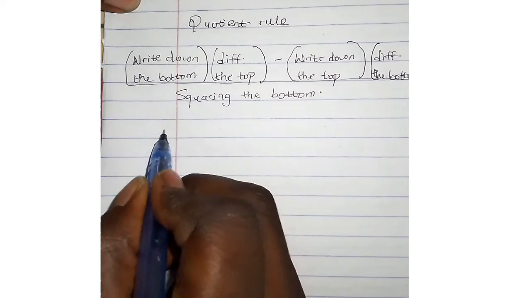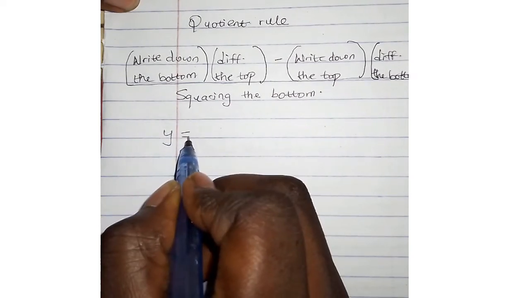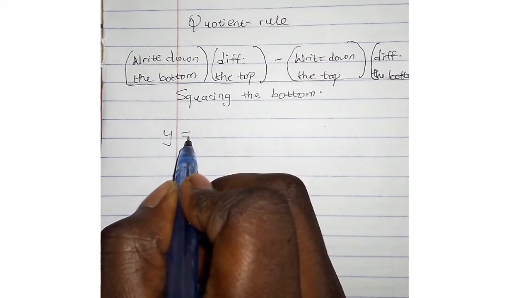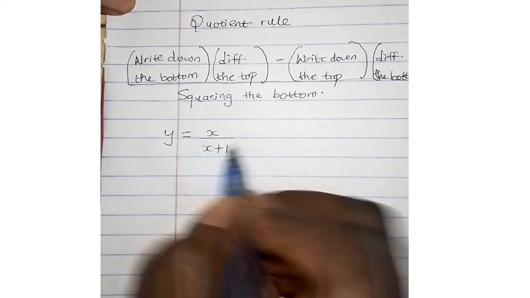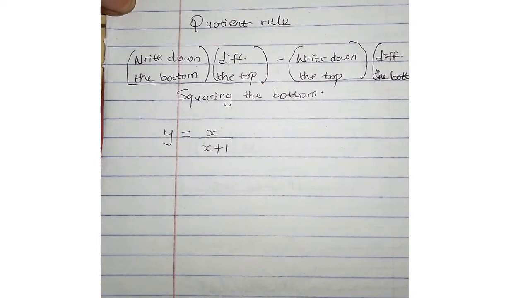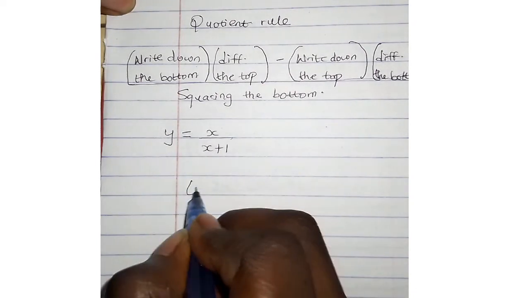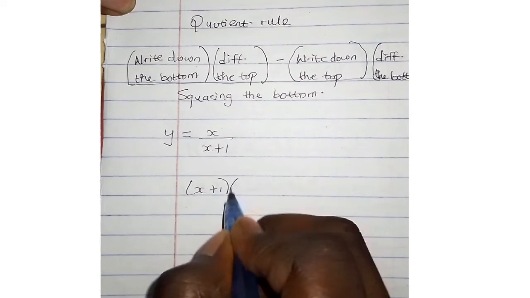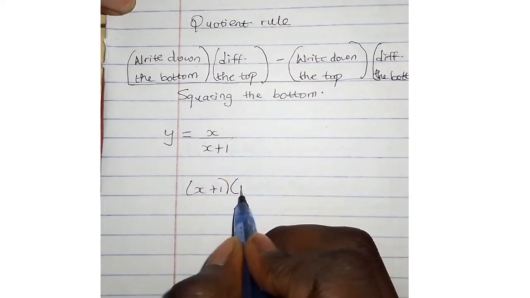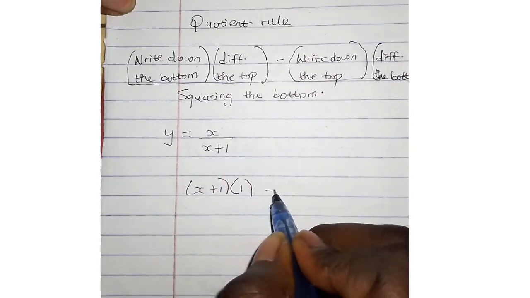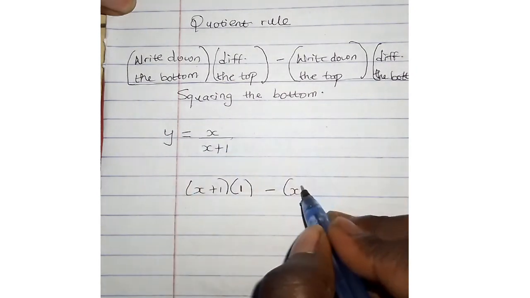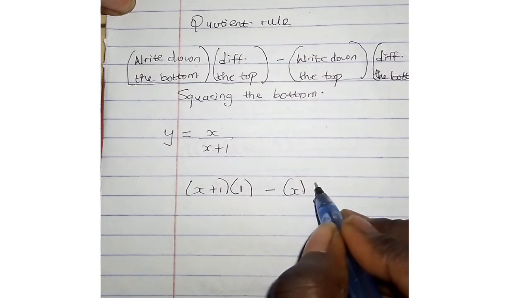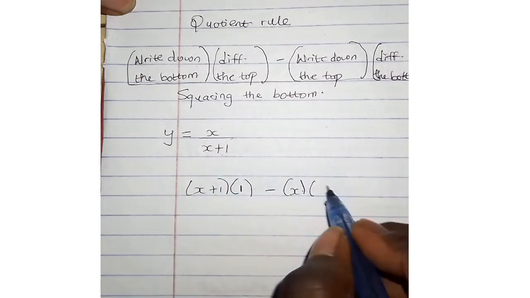Now we're going to take an example. Given a function y is equal to x all over x plus 1. The rule states we should write down the bottom. The bottom is given as x plus 1. Then when we differentiate the top, which is x, we have 1. Subtracting, write down the top, which is x. Then when you differentiate the bottom, which is x plus 1, we still have 1.